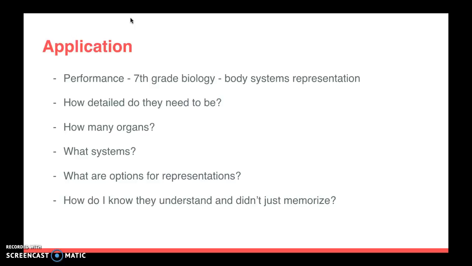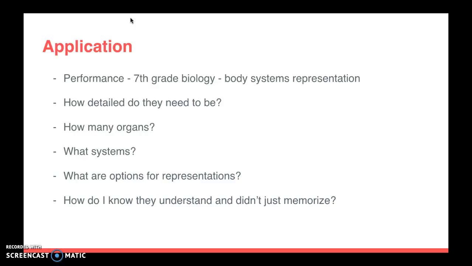So an application that I might use in my classroom right now in seventh grade biology, we're learning about the body systems. So after we get through all of the systems, I'm going to have a performance goal of some task that they need to complete to represent their knowledge of these body systems.